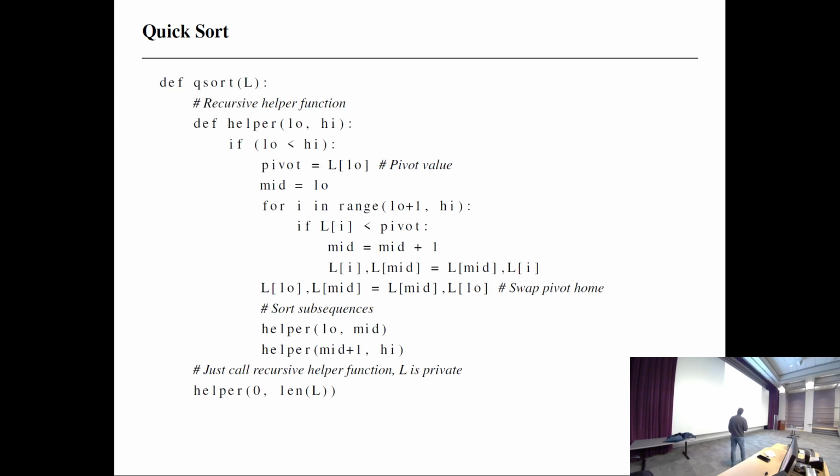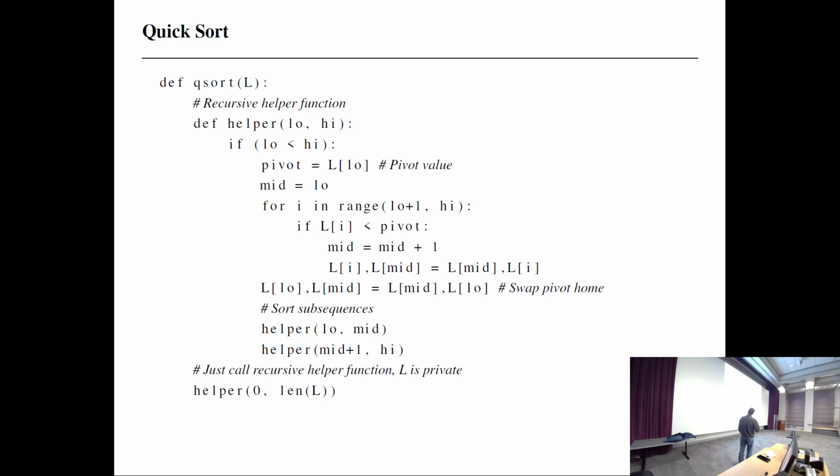And it says if low is less than high, which it will be, pick the pivot value to be whatever is at position low. Pick the middle value to be the same. The middle value is the M pointer. It's going to start in the same location as the pivot. And then I'm going to let I range from low plus 1 up to, but not including high. And if it's less than the pivot, I'm going to do that swap.